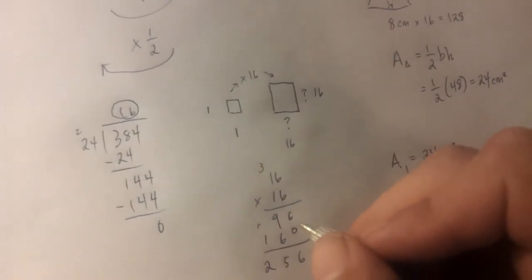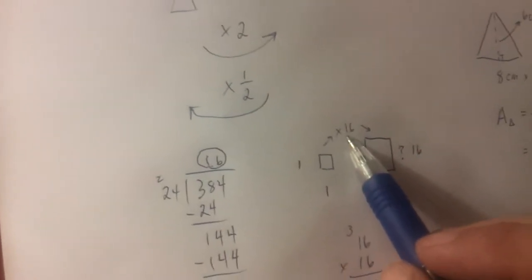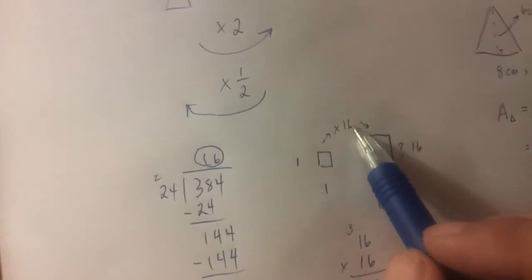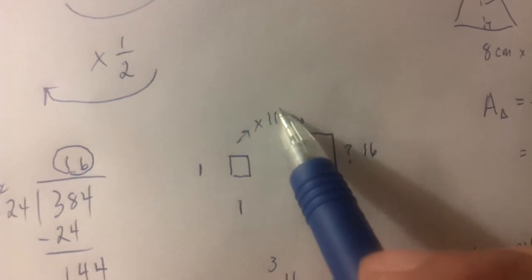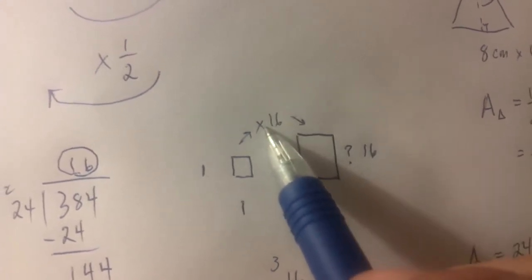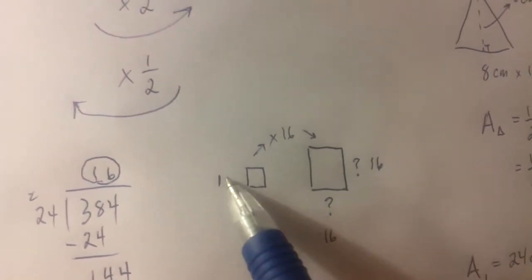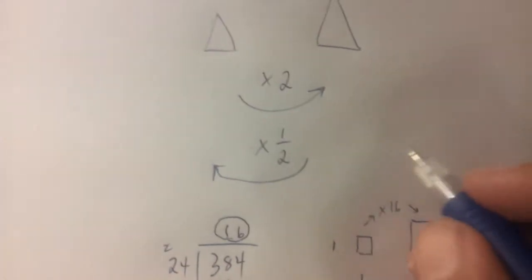See, that's way too large. So what I need to do is multiply by the square root of the scale factor. By the square root of the scale factor. So the square root of 16 is 4.